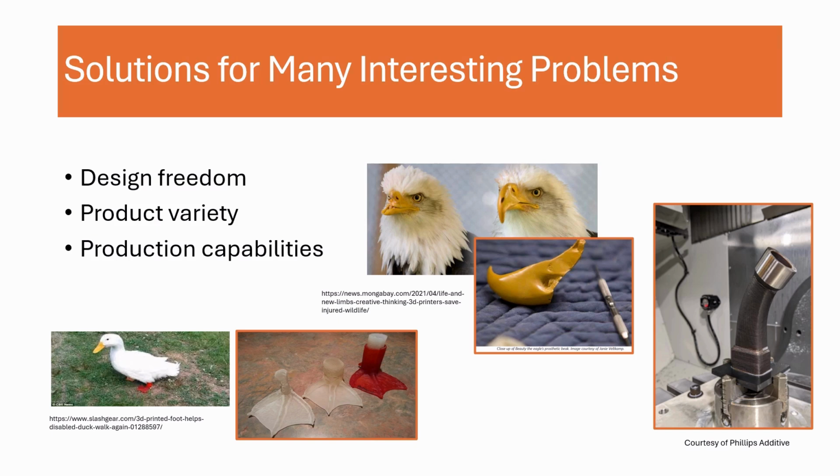They had a customer that wanted a couple dozen pieces, and this order was filled without any specialty casting patterns or welding jigs and fixtures. So these are some examples of some of the design freedom, product variety, and production capabilities that have been enabled with this additive manufacturing suite of solutions.